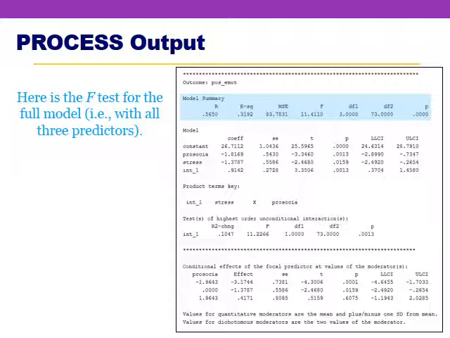This is the model with all of the predictors in it: prosocial, stress, and the interaction. R squared is about 32%, and we see that the overall model with all three predictors is significant. In other words, having all three of these predictors is significantly better than having none of these predictors. That doesn't really tell us a whole lot, but if we wanted to know that for some reason, we could see that here.